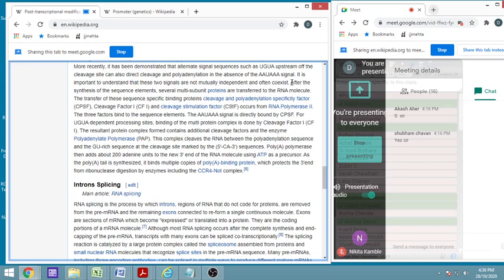nucleotide, because it is a sequence, and in RNA it is AUGC, isn't it? Instead of thymine we have got uracil. And we know that when three nucleotides are in a sequence, we call it one codon.